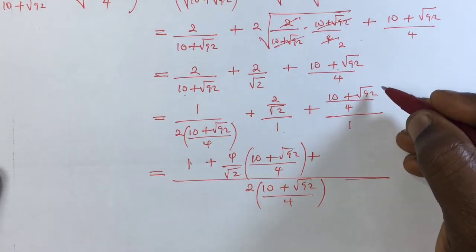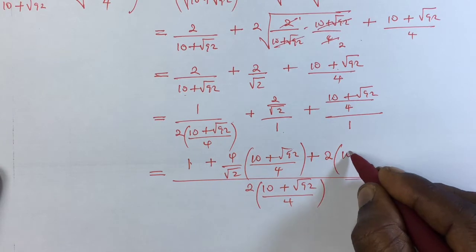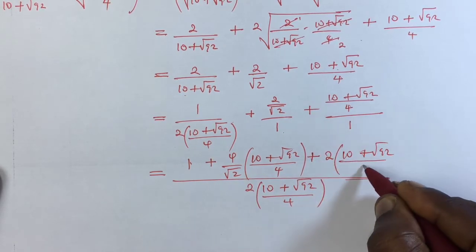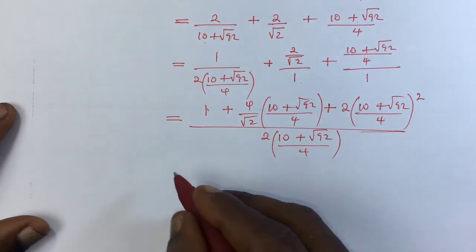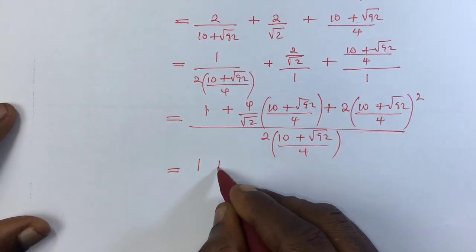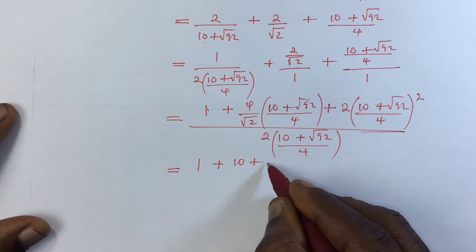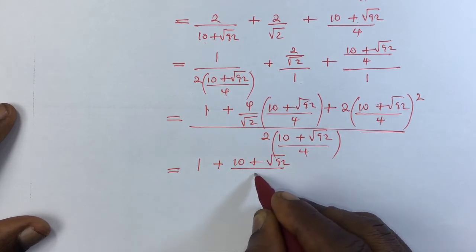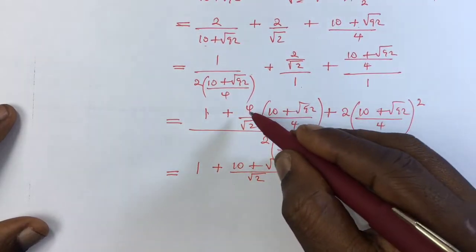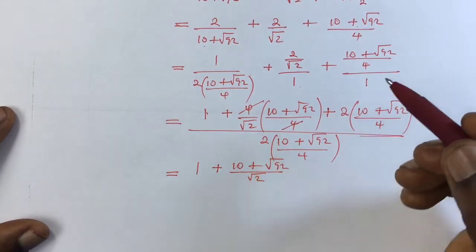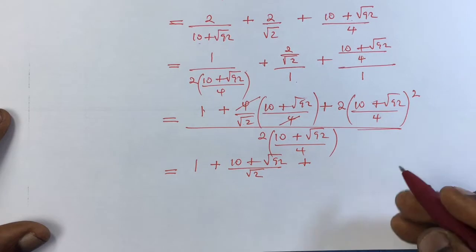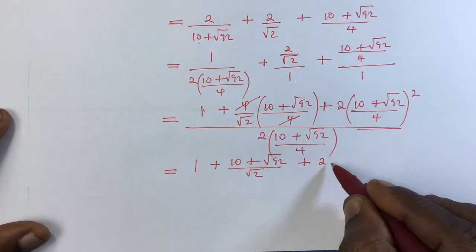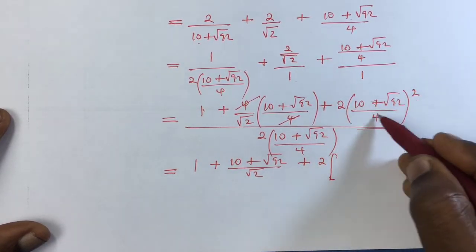The LCM multiplies the numerator to give you 2 in bracket 10 plus root 92 all over 4 all squared. Okay, now if you simplify further, you're going to have 1 plus 10 plus root 92 all over root 2. And how did that happen? 4 cancelled 4 here, so we were left with this all over this, plus in this other part you have 2 in bracket all expanded.